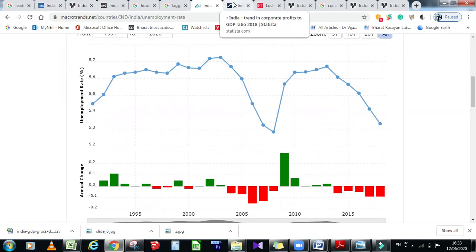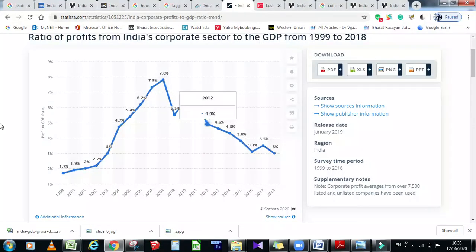The next type of indicator is the ratio of profit from India's corporate sector to the GDP. How much percentage of the GDP is shared by India's corporate sector profit, the ratio of the profit to the GDP. From 2000, it was growing rapidly, which was a good change.